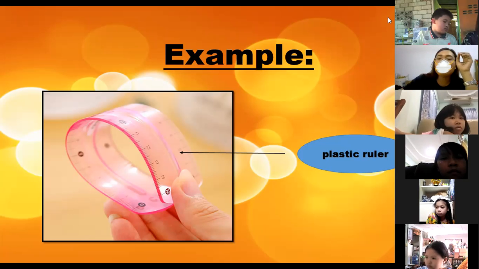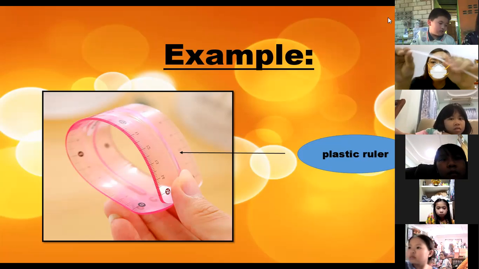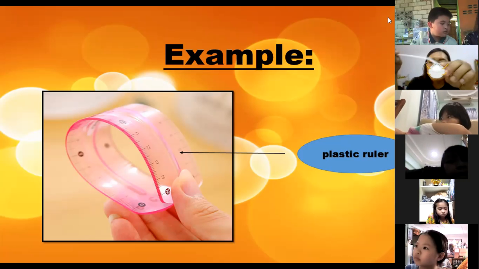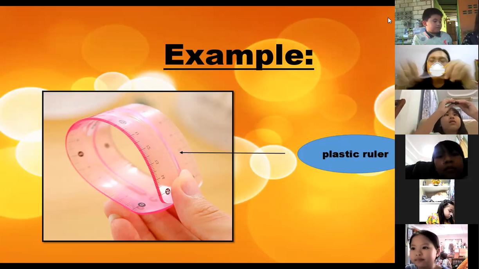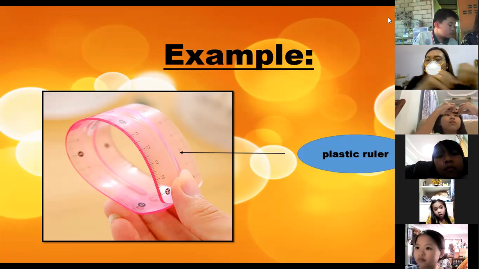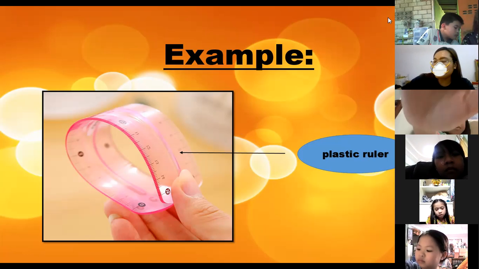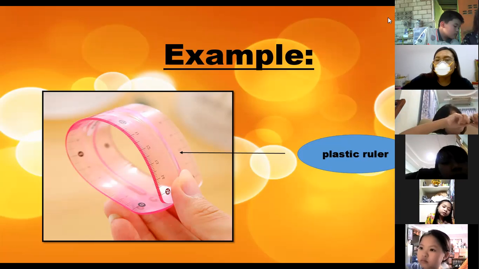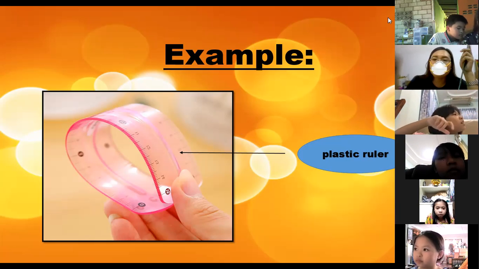And oh, this one, straw. Straw is also flexible. You can bend like this without breaking. Okay, can you give me example of material which is flexible? So we have ruler, we have straw, we have plastic wire.